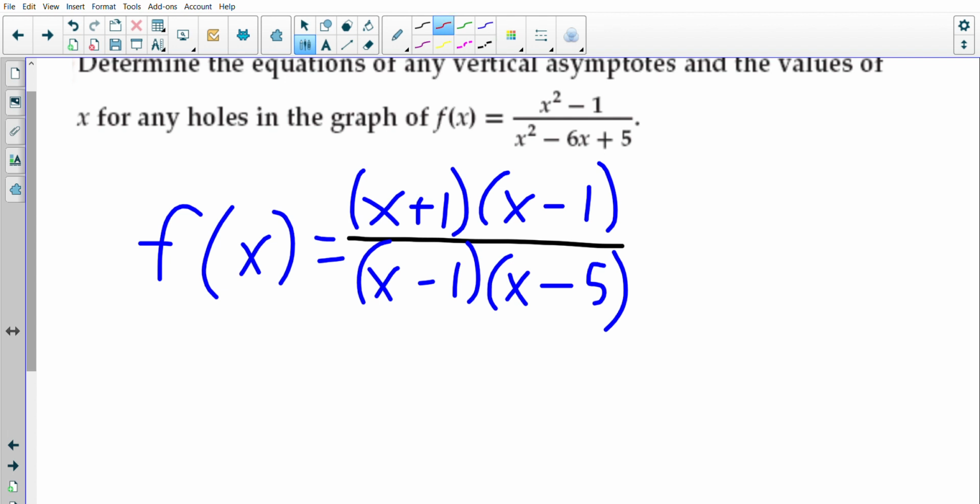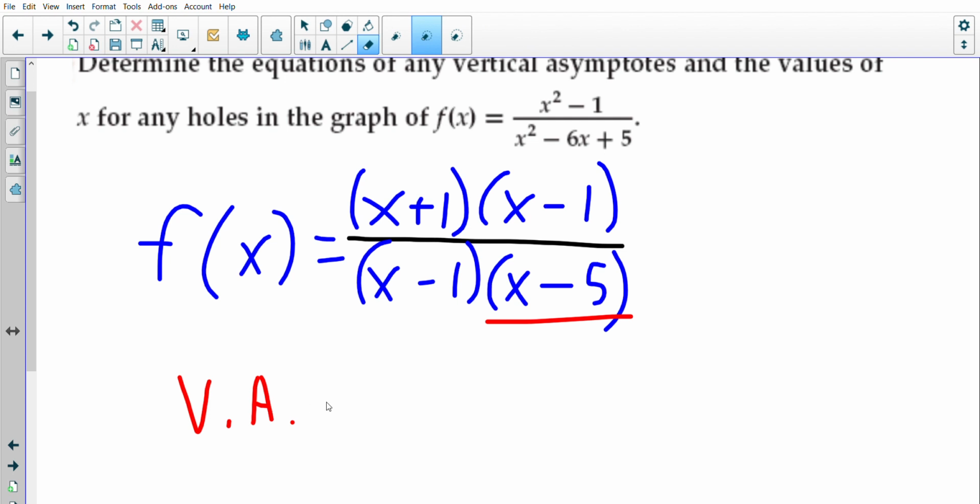So our vertical asymptote is whatever makes the remaining bottom factor 0. Our vertical asymptote is the equation x equals 5. That's what it means.